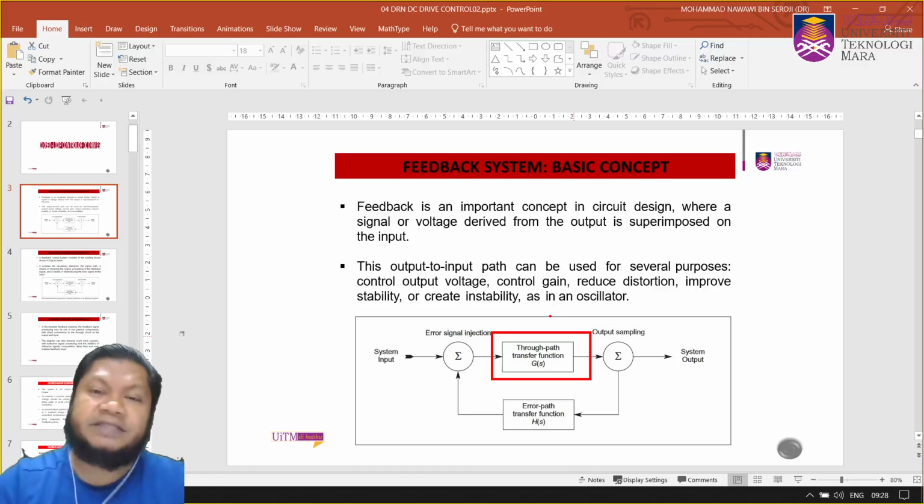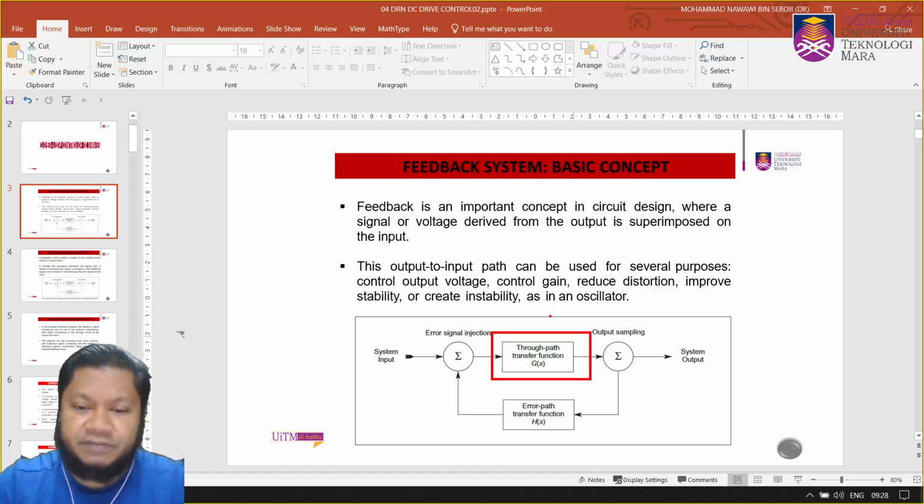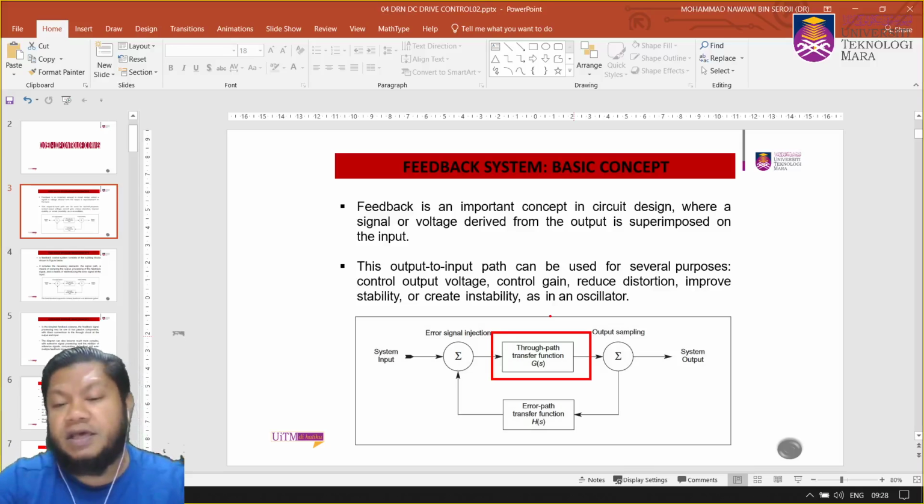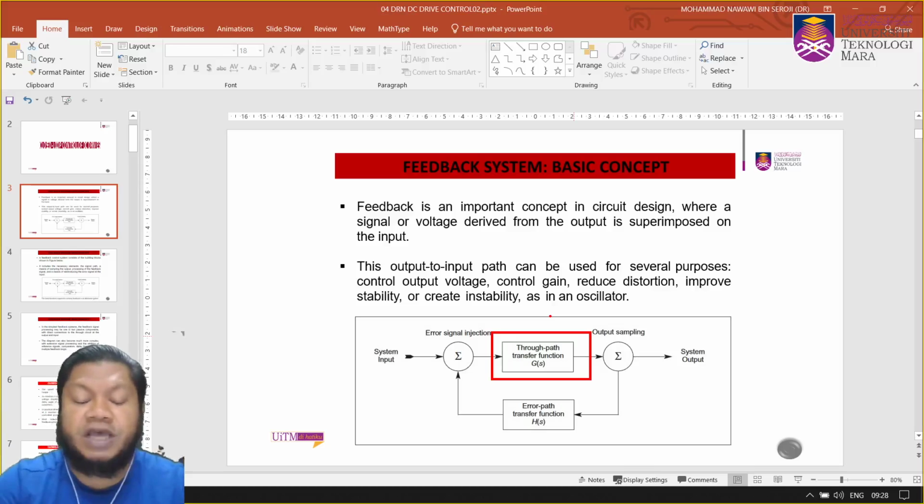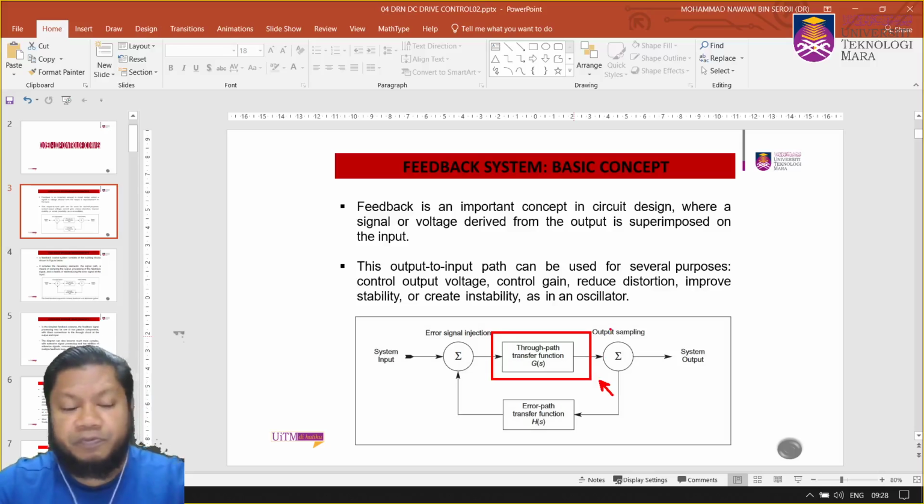You can apply the same understanding and theory for the series motor, but for the purpose of explaining how the whole system works, we only touch on the separately excited DC motor. Last week we talked about this, and this video will discuss how we are going to do the complete system of the closed loop, right?